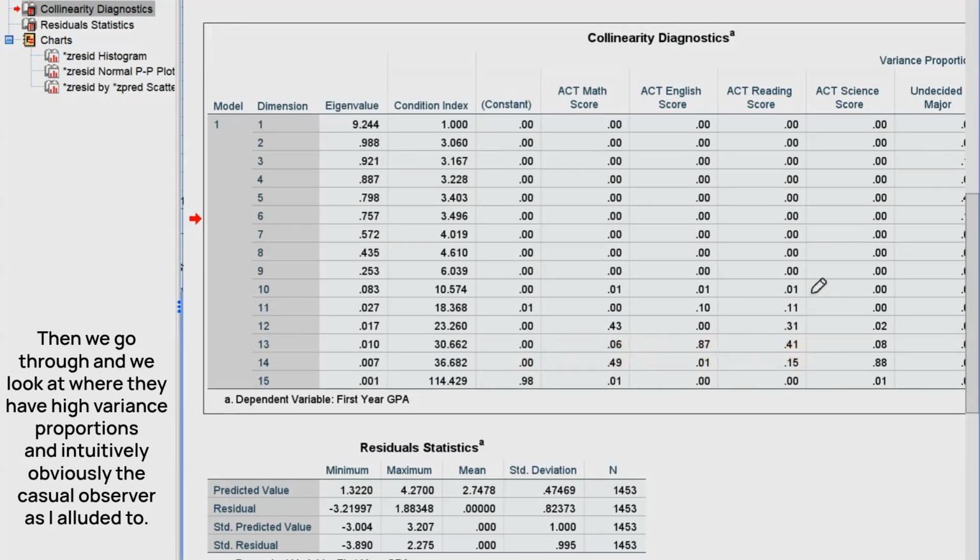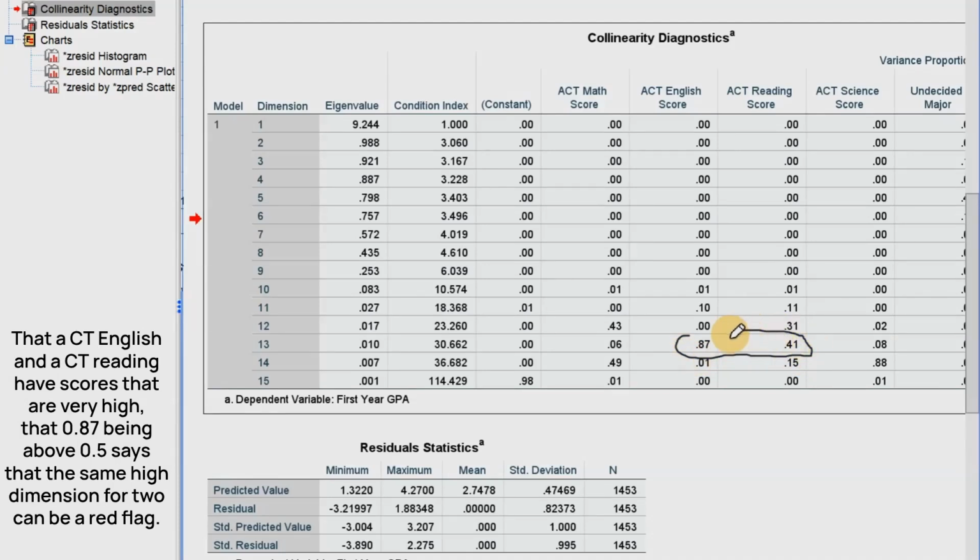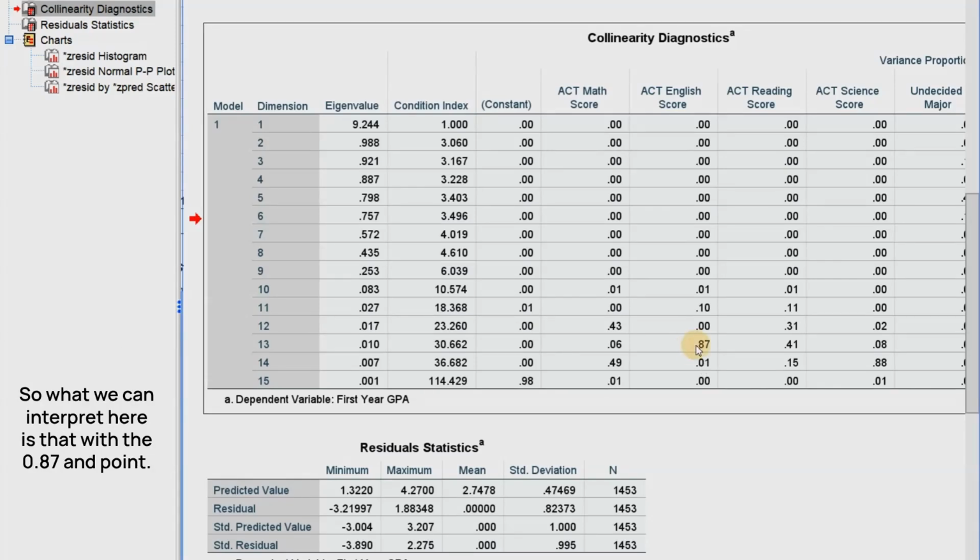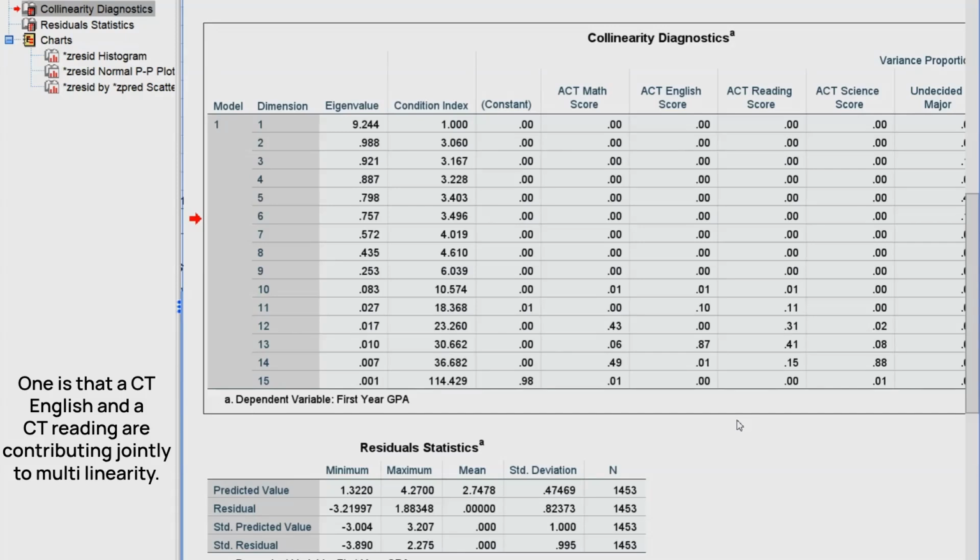And intuitively, as I alluded to, ACT English and ACT reading have scores that are very high. 0.87 being above 0.5 on the same high dimension for two predictors can be a red flag. So what we can interpret here, with the 0.87 and 0.41, is that ACT English and ACT reading are contributing jointly to multicollinearity. They may have overlapping information which they bring to the model itself.